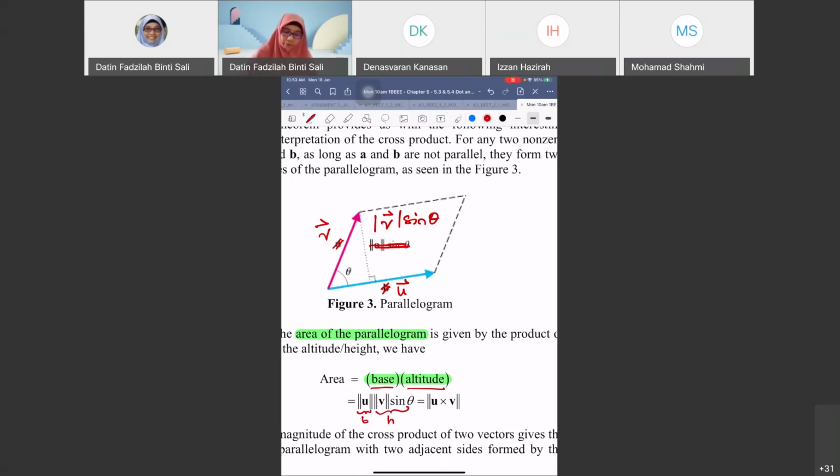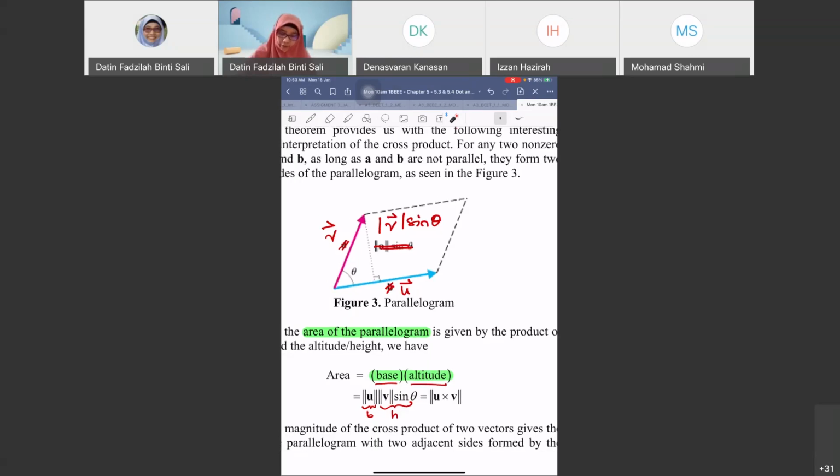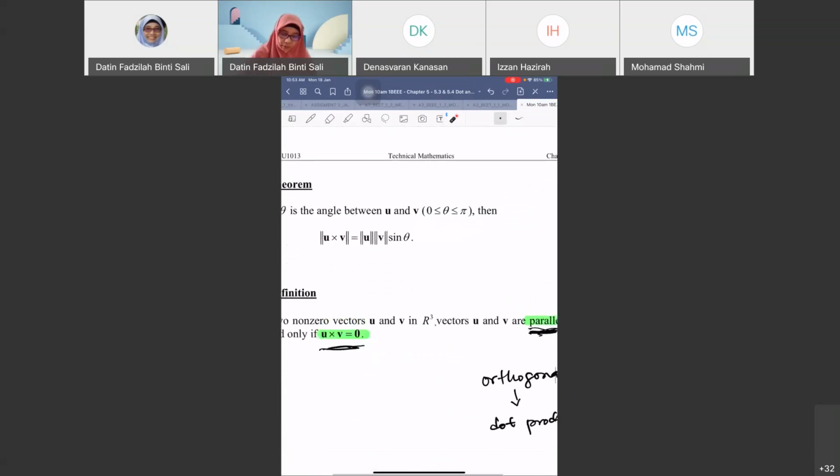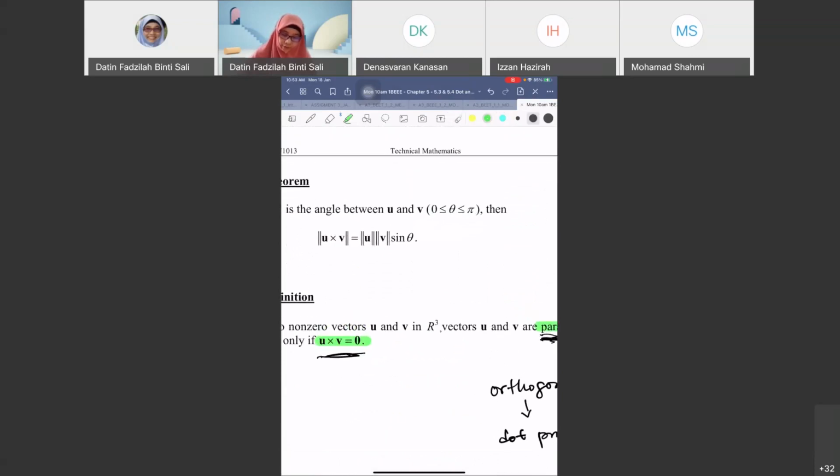All right. So if you look at this definition, magnitude of u times magnitude of v times sine theta is actually similar to this. Magnitude of u times magnitude of v times sine theta is equal to the magnitude of the cross product.